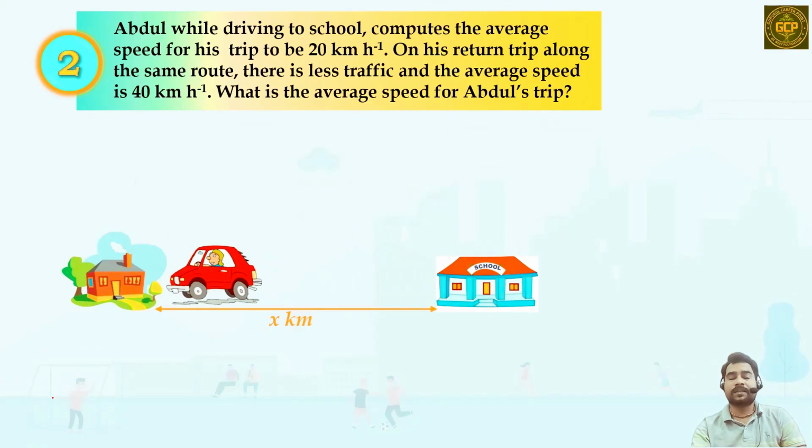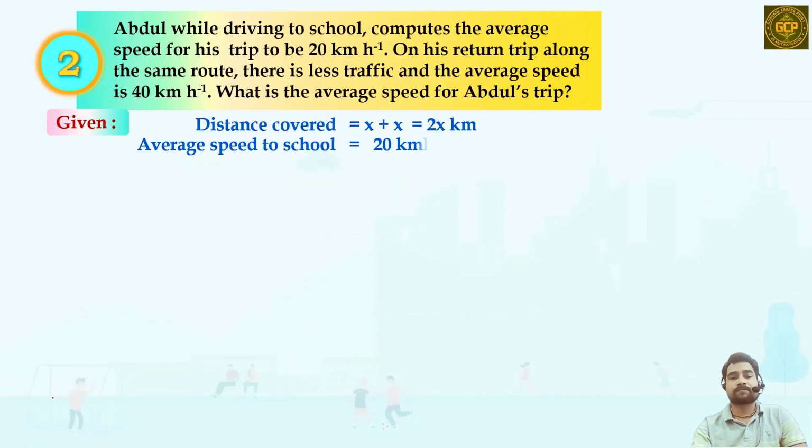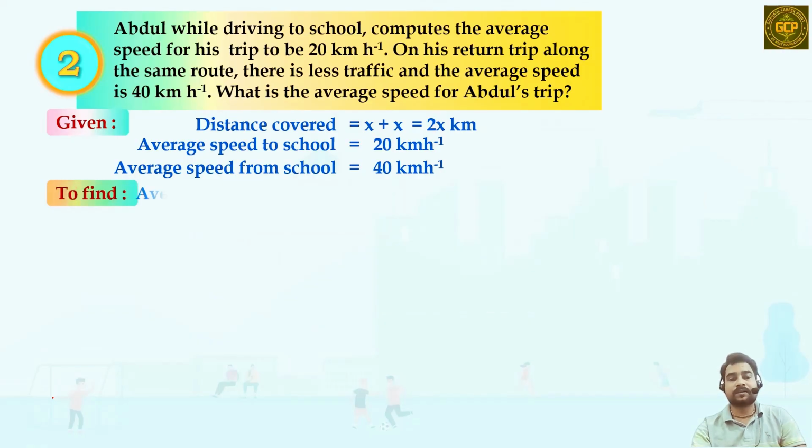In both ways, he covers the same distance. Now, the average speed I need to determine. Distance covered is going to be x plus x, 2x. And both speeds are 20 kilometer per hour and 40 kilometer per hour respectively.